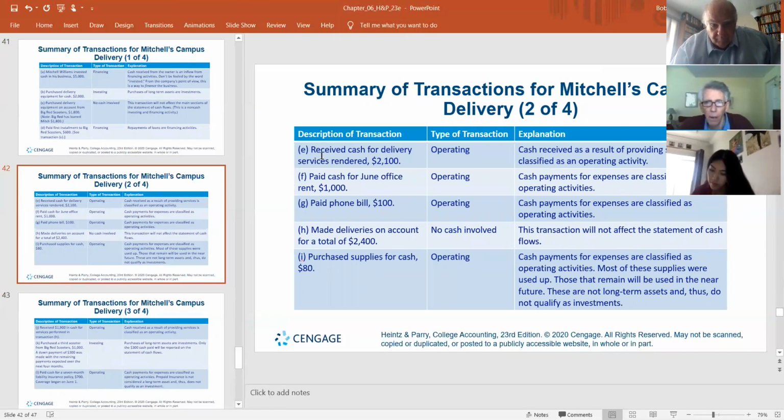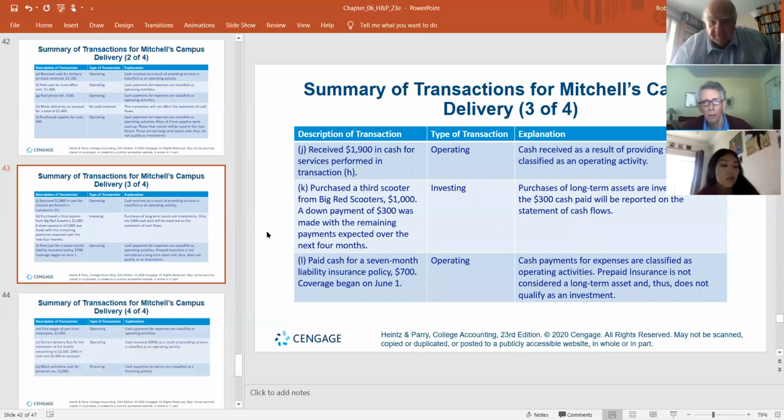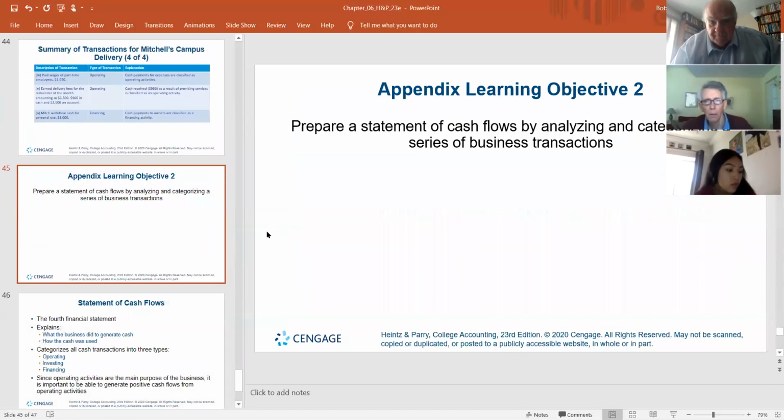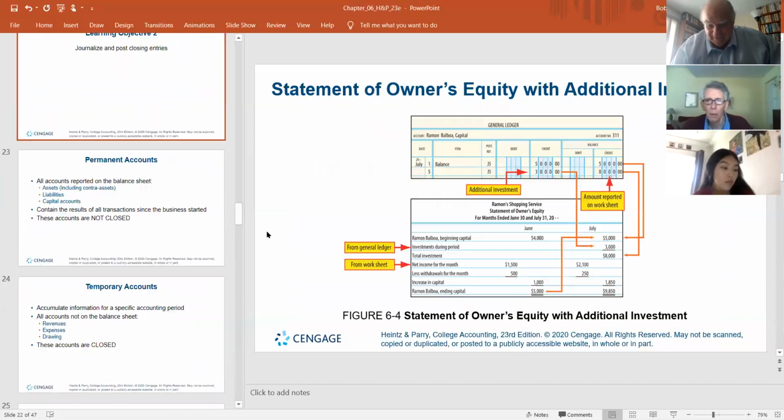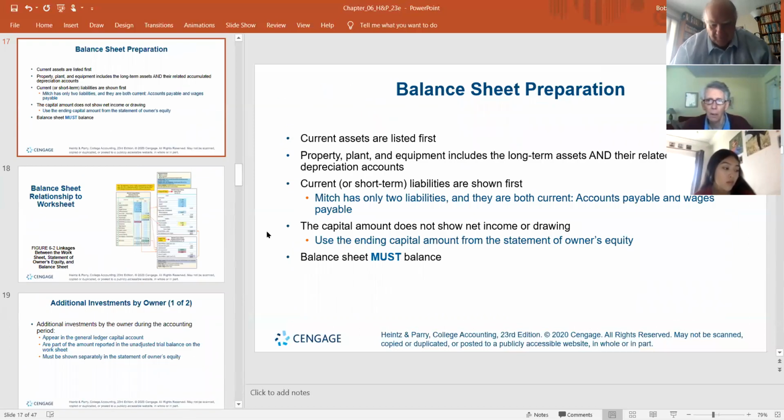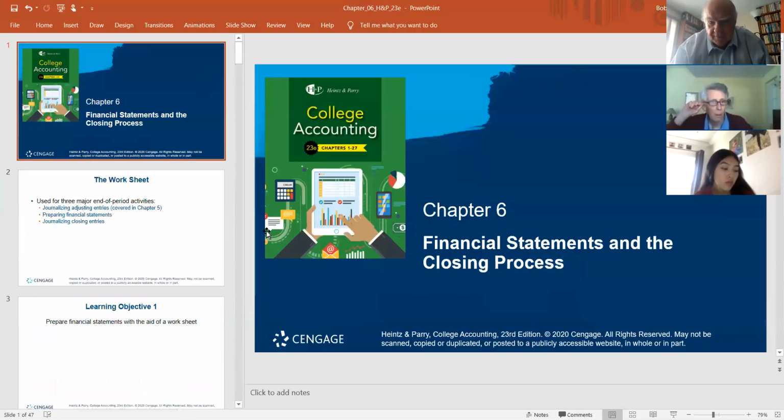Customers paid him for something. He paid the rent, paid the phone bill, bought supplies. The basic things a company does is operating. And we don't have to worry about the cash flows in this chapter. That's a quick look at chapter 6.